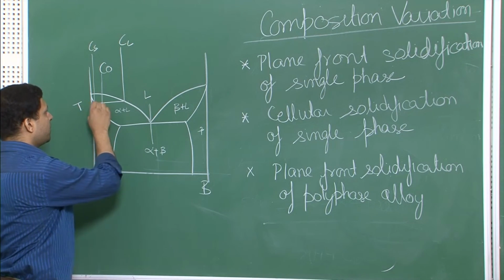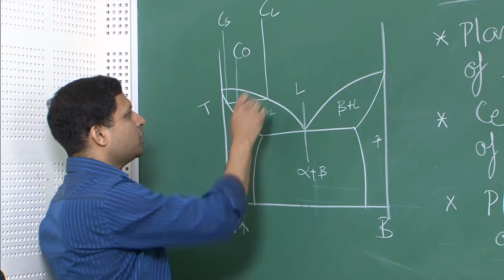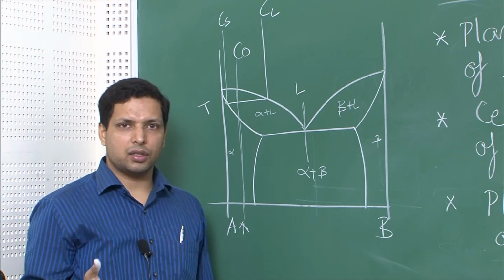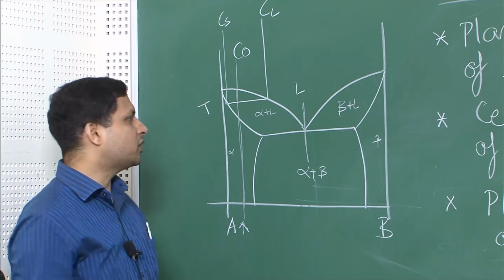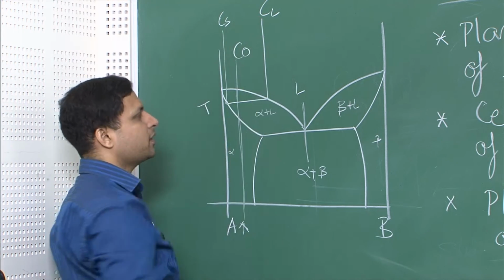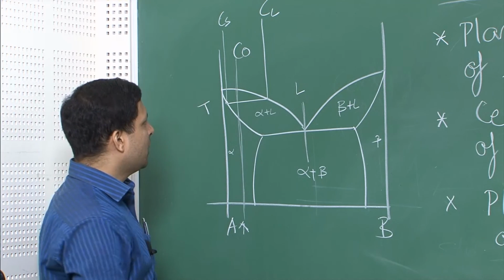So for a given temperature, Cs and Cl will get fixed, or the three will always have a fixed relation with each other. If you fix T, you would know Cs and Cl. If you fix Cs and Cl, you can say what is the temperature.